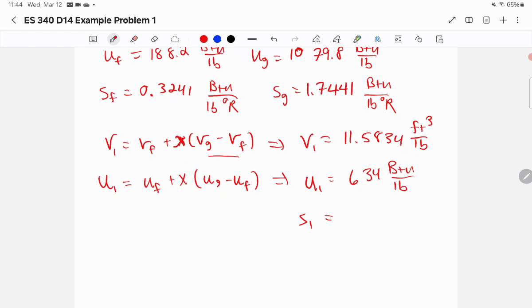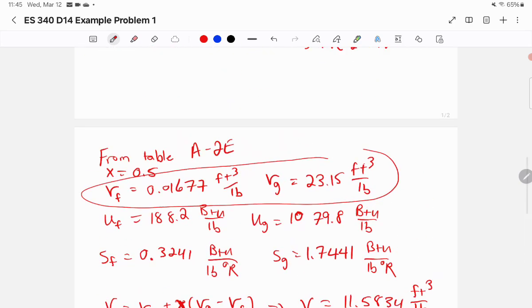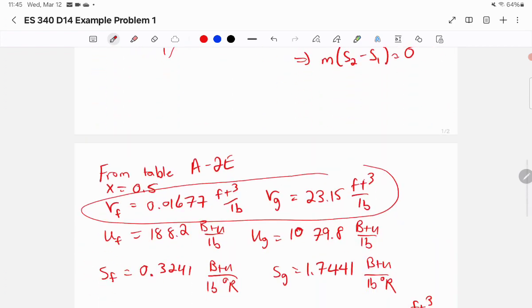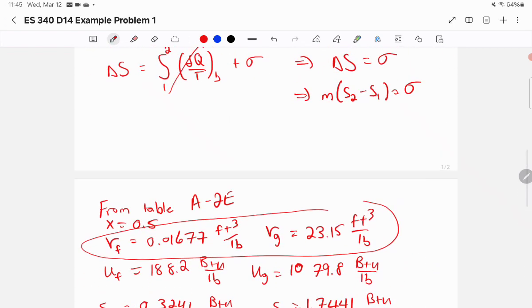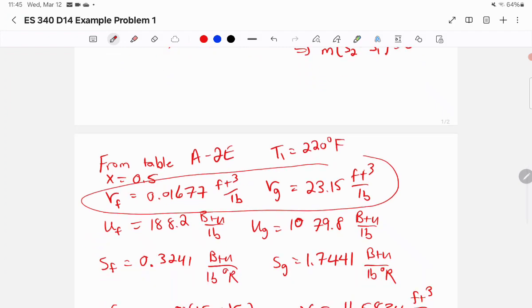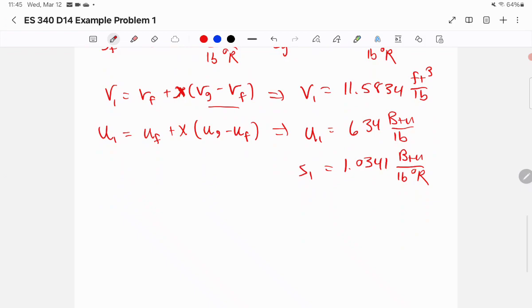It's the same idea, just replaced with S. S1 is now equal to 1.0341 BTU per pound degree R. And that's at temperature 220. I probably should have written that down. T1 equal to 220 degrees Fahrenheit. So all of these values came from the 220 degrees Fahrenheit there.